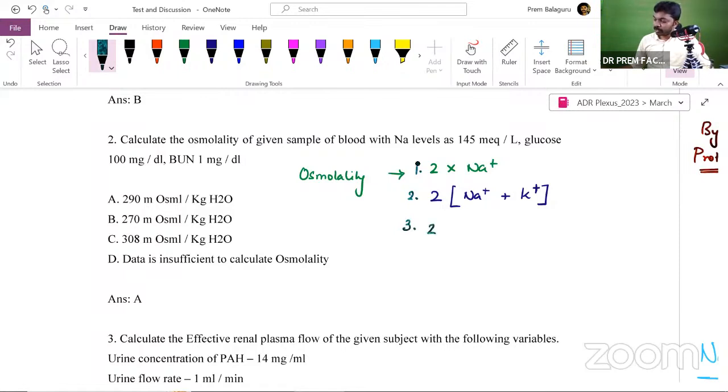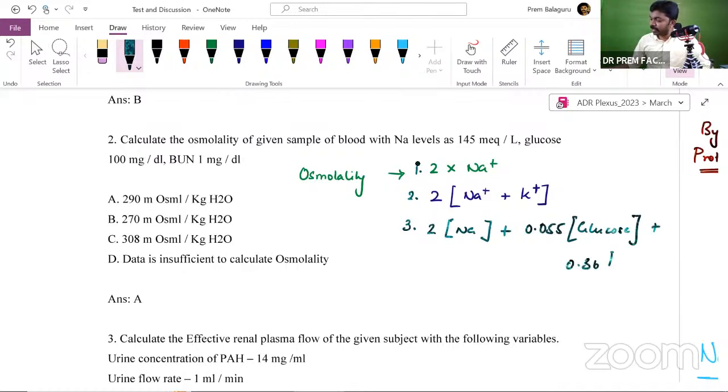Third formula: 2 into sodium level, plus 0.055 into values of glucose, plus 0.36 into values of blood urea nitrogen.